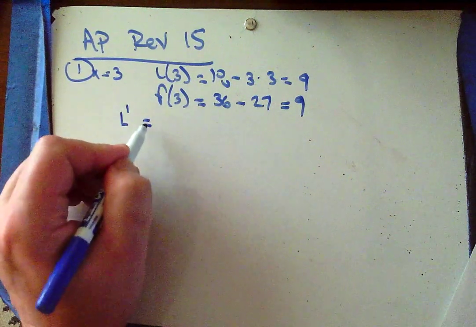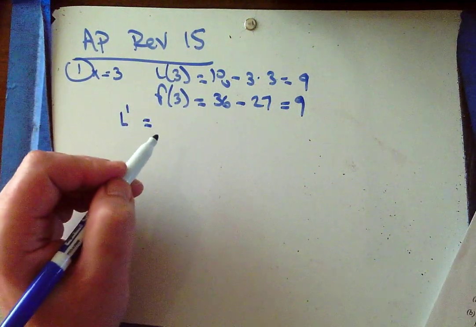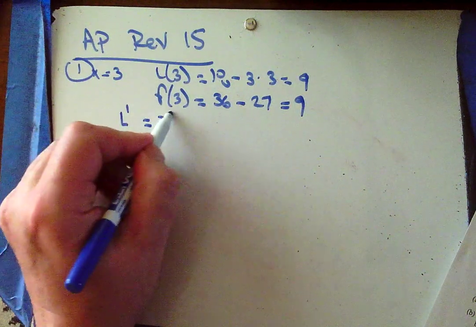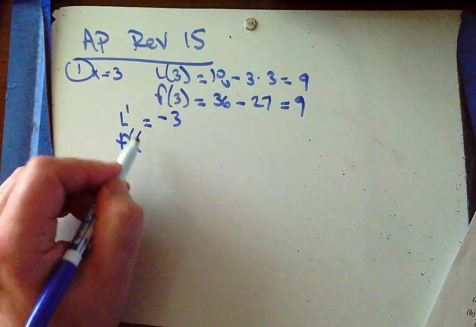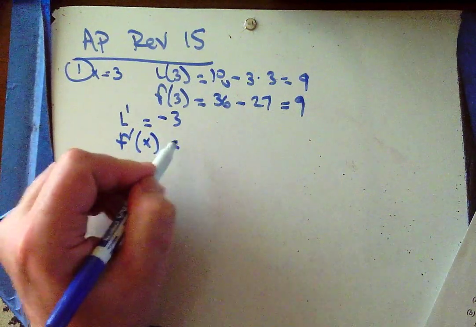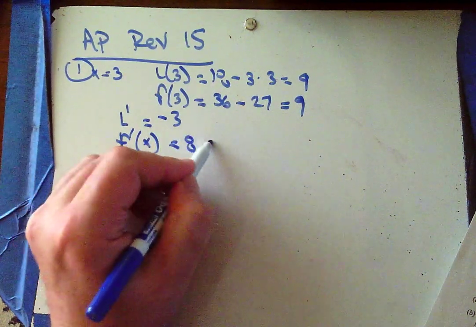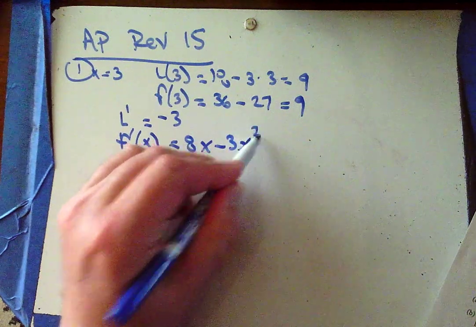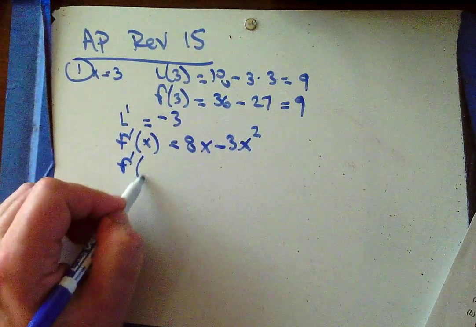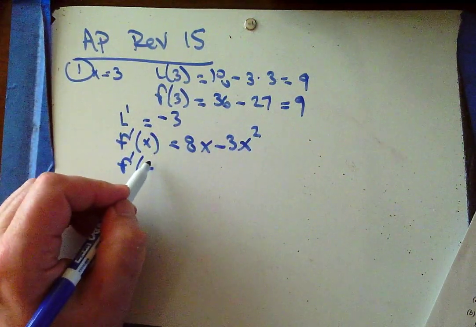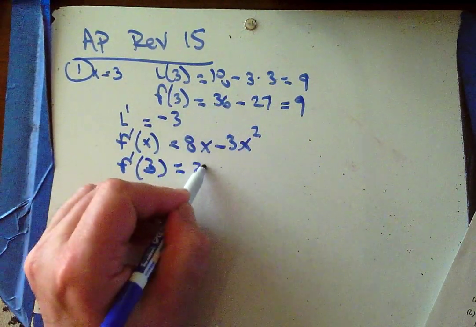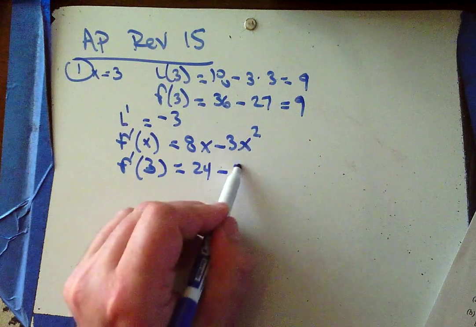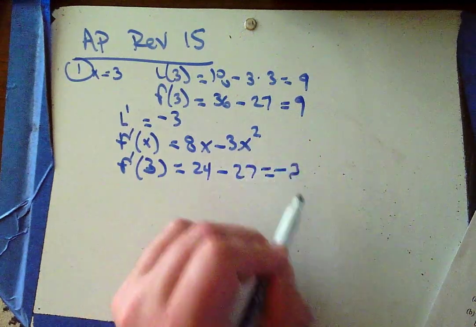So L prime, the slope of the linear equation, is negative 3, and that's everywhere. F prime is going to be 8x minus 3x squared, and we want f prime at positive 3. So that's going to be 24 minus 27, which is negative 3.